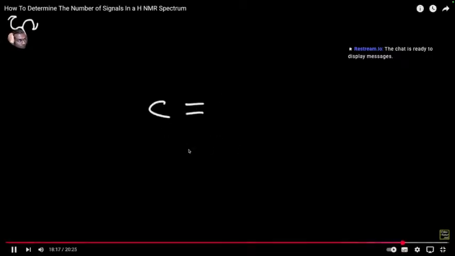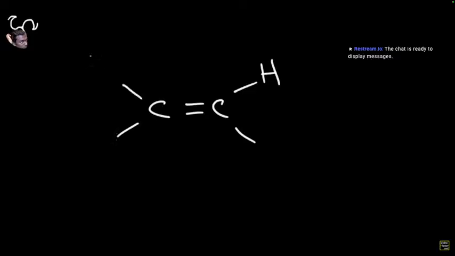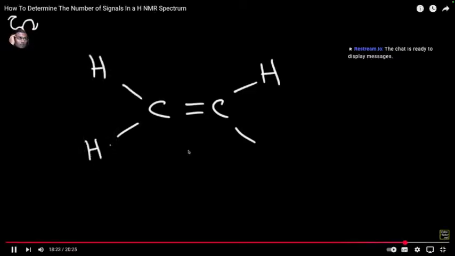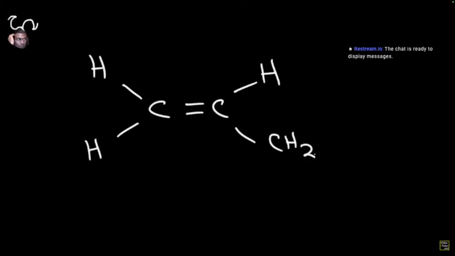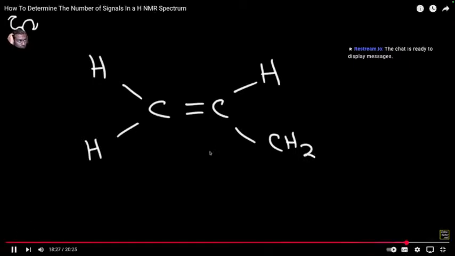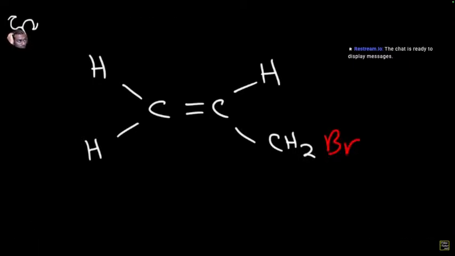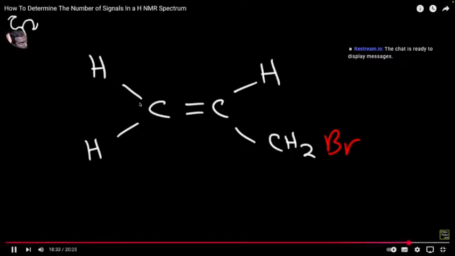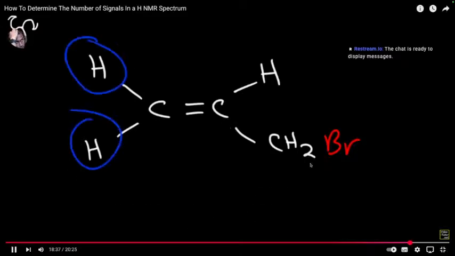Now, let's try one more example. How many different signals should we get in the HNMR spectrum for this molecule? So let's compare these two hydrogen atoms first.